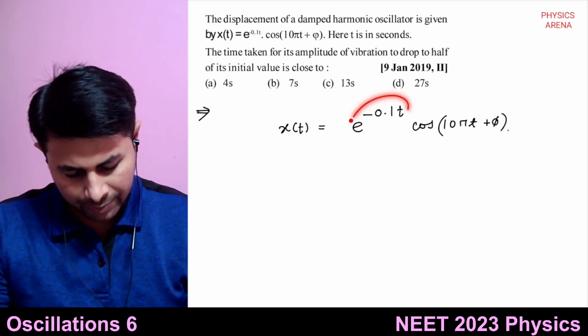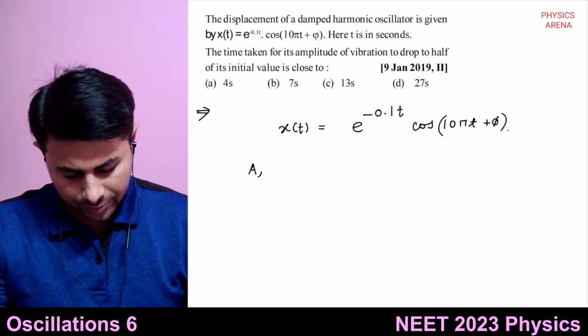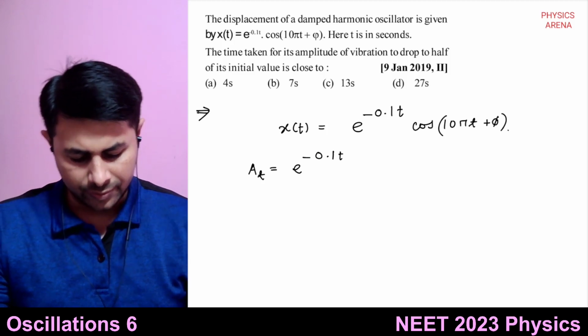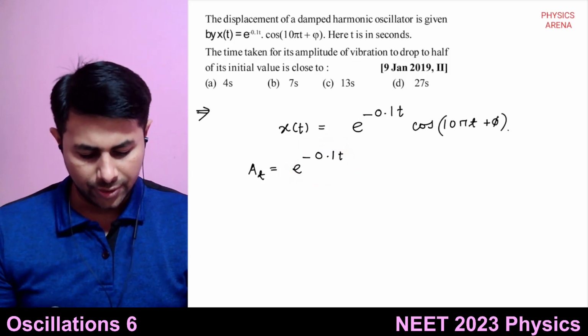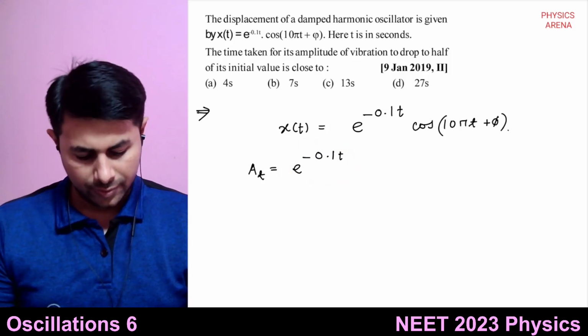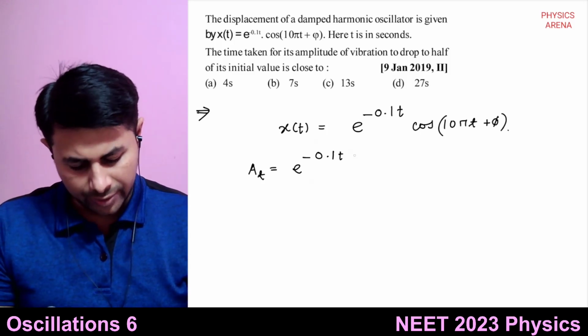Okay, so what is amplitude? This is the amplitude, right? So amplitude is given by e raised to minus 0.1 t, and this becomes half. It drops to half of its initial value. So how much is the initial value? Put t equals to 0.